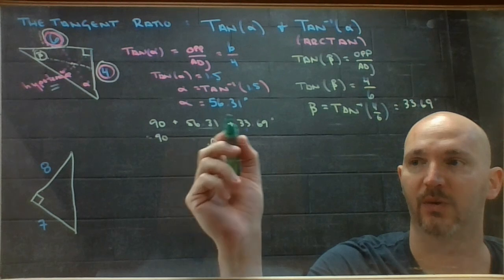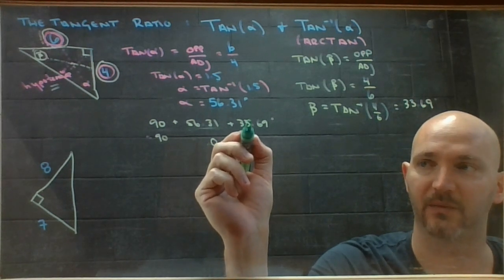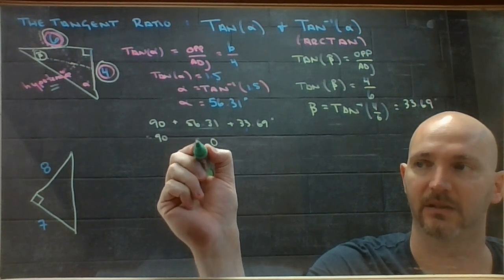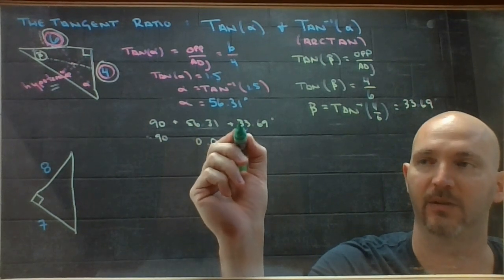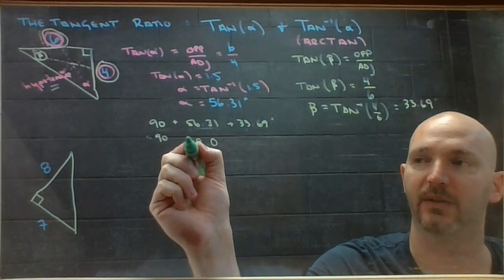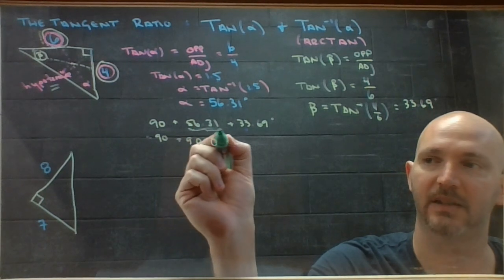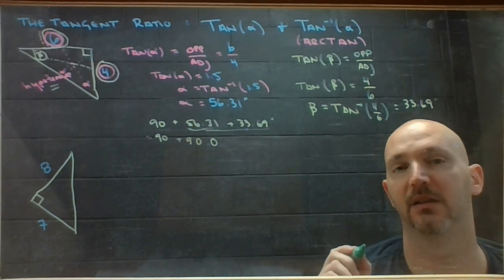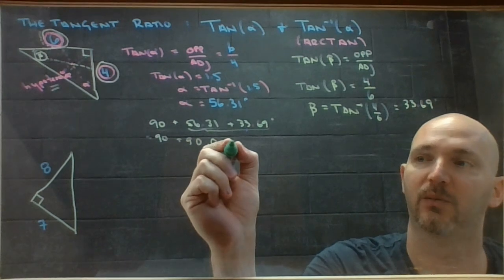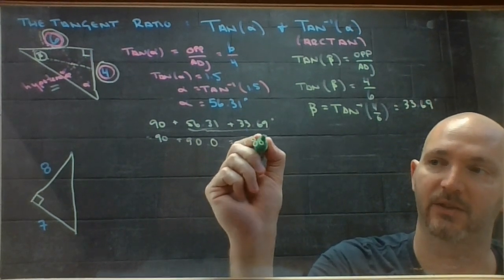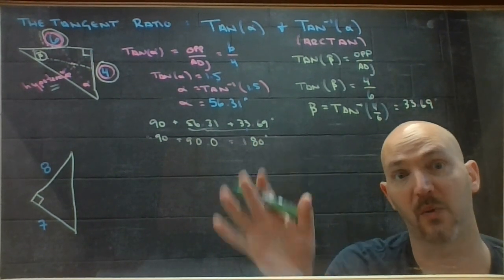So I've got an extra 1, carry the 1, 3 and 1 would be 4, and 6 would be 10. Carry the 1, 3 and 1 would be 4, and 5 is 90. These two pieces added up perfectly to 90 degrees, which gives me a total of 180 degrees in that triangle. So it all worked out.